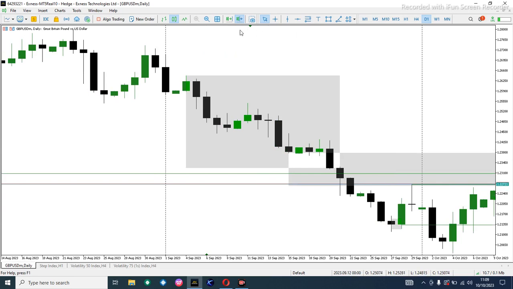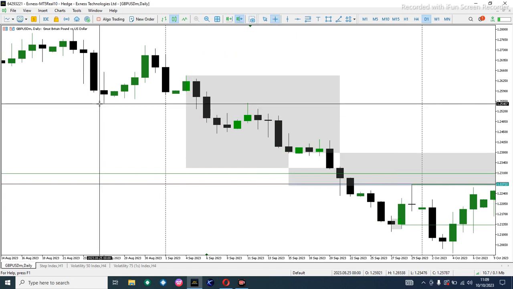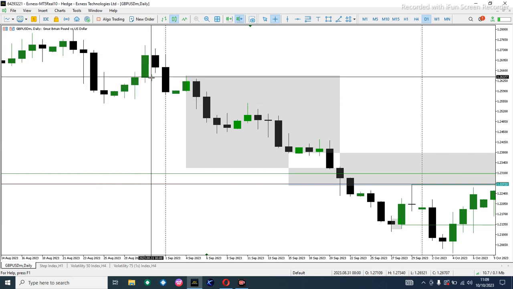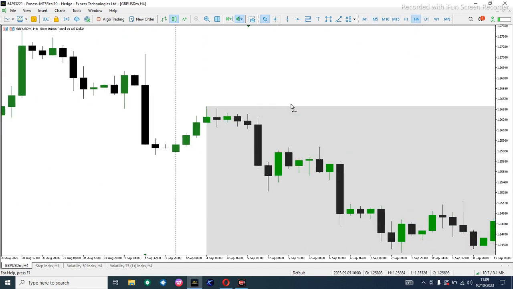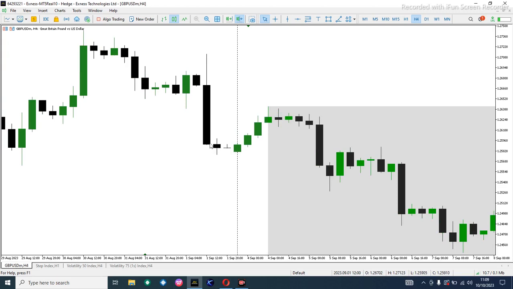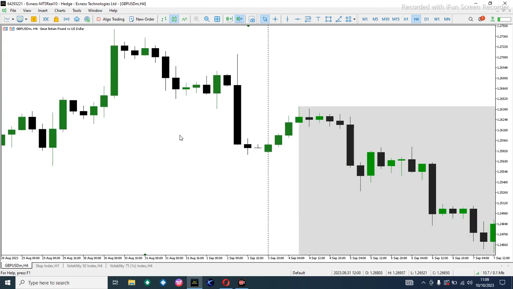On the daily time frame, GBPUSD broke this low that you can see here. Or if we go to a 4-hour time frame from here. Alright, so this is GBPUSD. You can see here that GBPUSD broke this low.